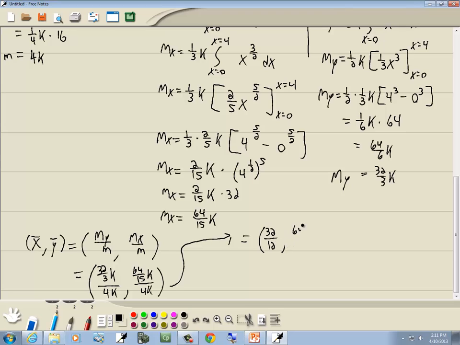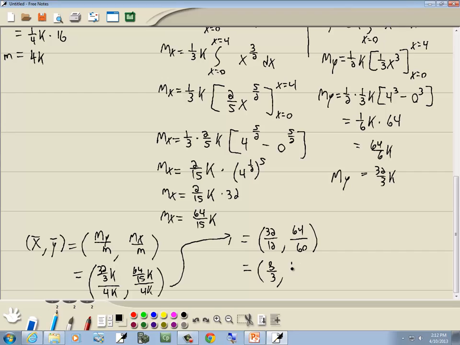And then this one will be 64 over, and again, if you have a single fraction up on top here, you can take that denominator and put it down with the other one. 4 times 15 gives us 60. Let me see, those are both divisible by 4 at least, so that gives us 8/3. And are these both divisible by 4?